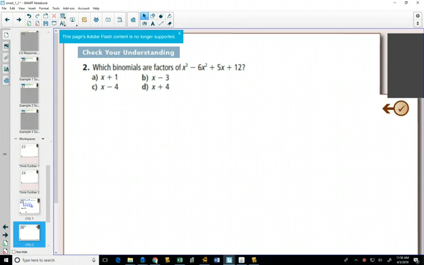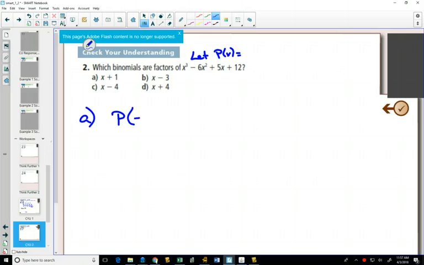So when looking at these, based on the numbers, I would probably use the remainder theorem or the factor theorem for the first one, because I'm going to let P of x equal this whole thing. And if I want to find the remainder when I'm dividing by x plus 1, I can plug -1 into that equation.